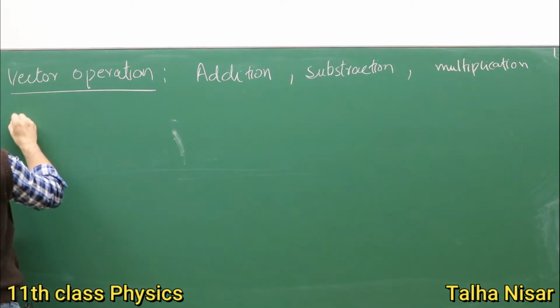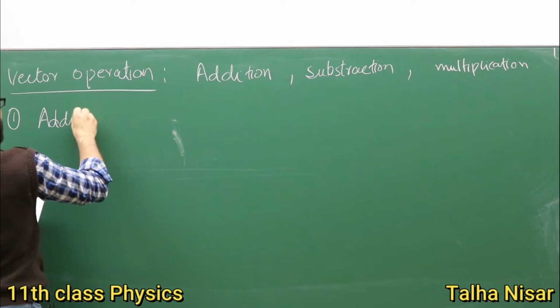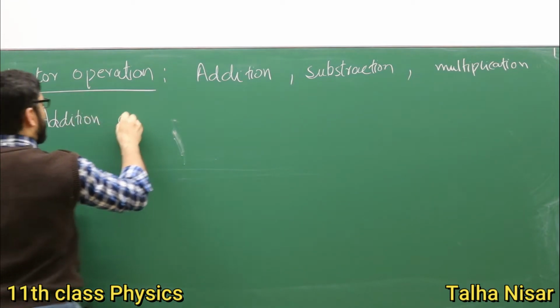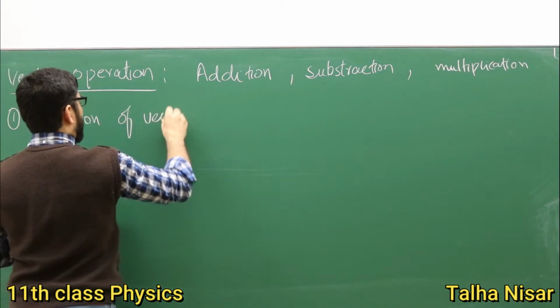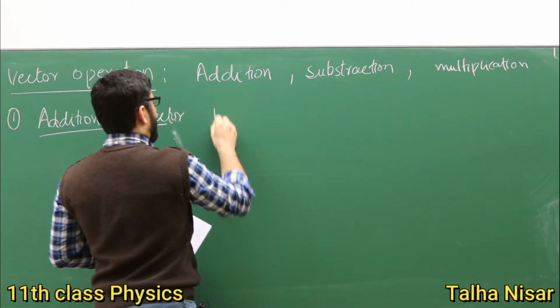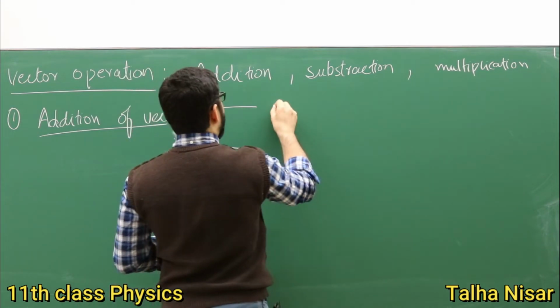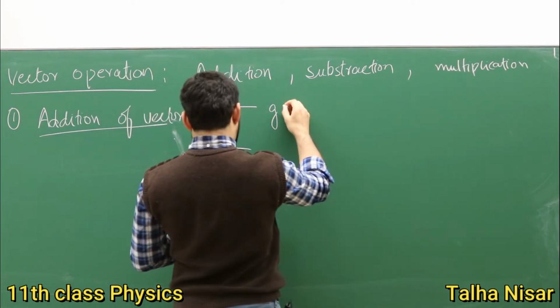So now we start with the addition of the vectors. In the previous lecture we talked about two different ways of doing it.